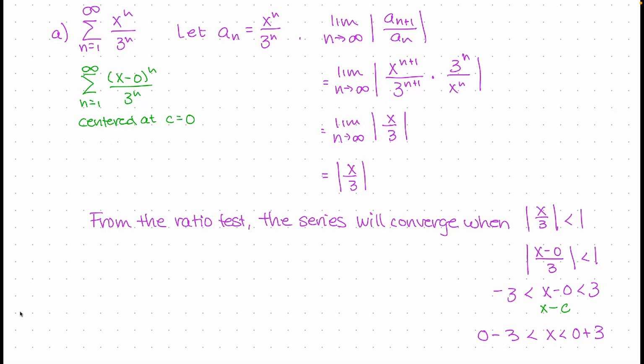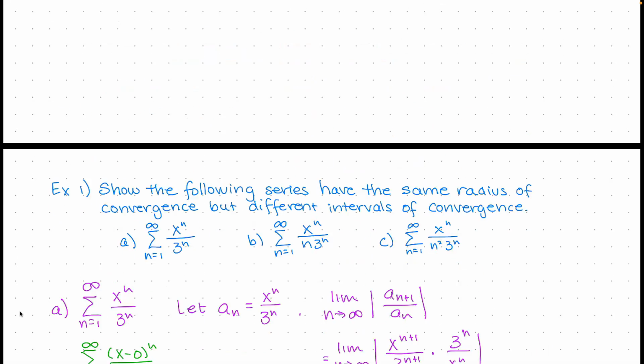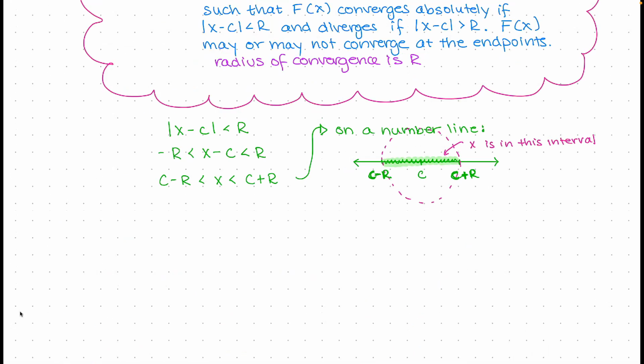We usually don't go that far. Usually just from this line right here, we can see the radius of convergence is 3. We're going plus or minus 3, but just to show it even more, if you compare it to this guy right here, you can see that in place of r is 3.